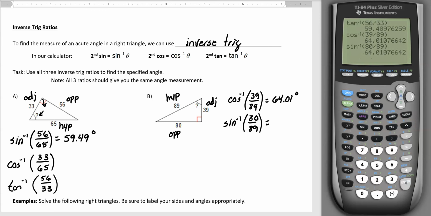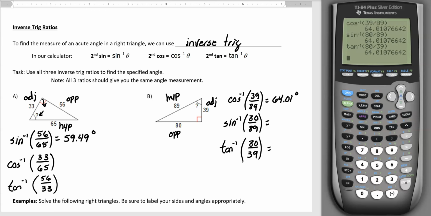And I bet tangent inverse would probably be the same too. Let's find out. My opposite, 80 over my adjacent, 39. Second, tan inverse 80 divided by 39. Hey, what do you know? All the same. How cool is that? Okay, so that's how you can find the angles if you only know the sides.